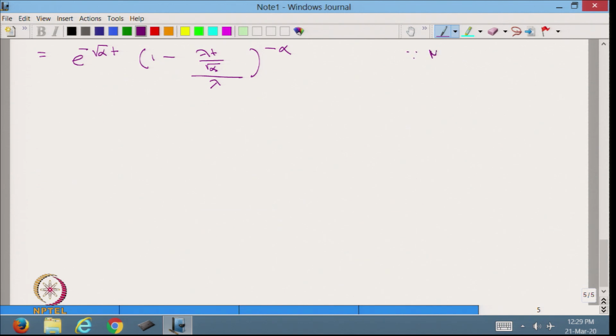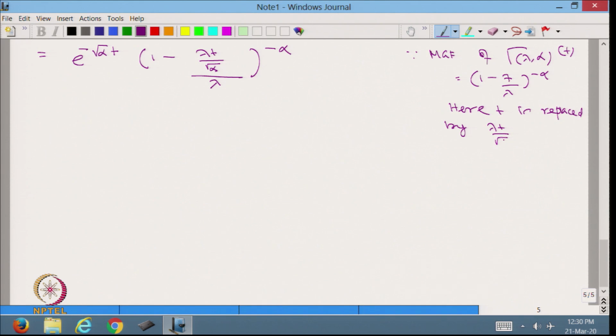Here the mgf of gamma lambda alpha at t is 1 minus t by lambda whole to the power minus alpha, and t is replaced by lambda t over root alpha.